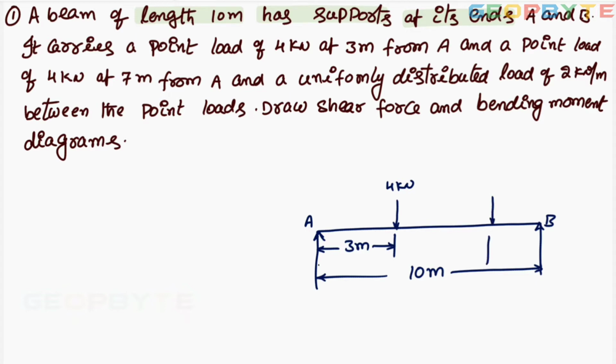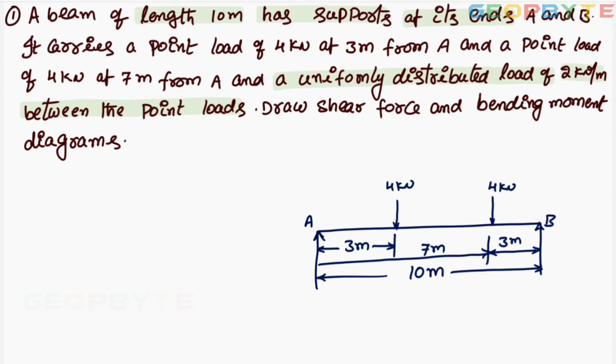At 7 meters from A, the load is 4 kilonewtons. Then the remaining distance is also 3 meters, because the total distance is equal to 10 meters. It also carries a uniformly distributed load of 2 kilonewton per meter between the point loads.